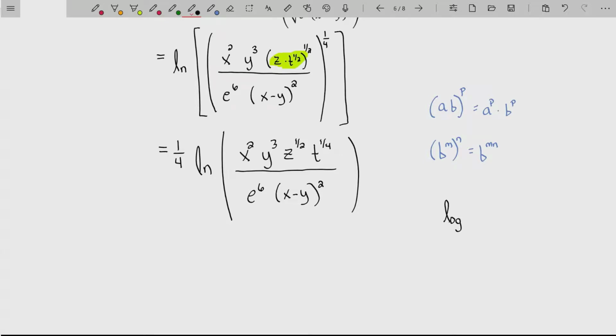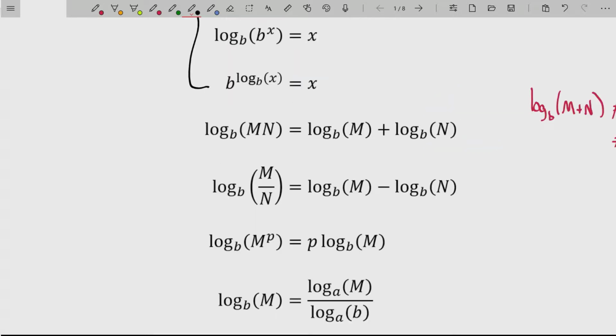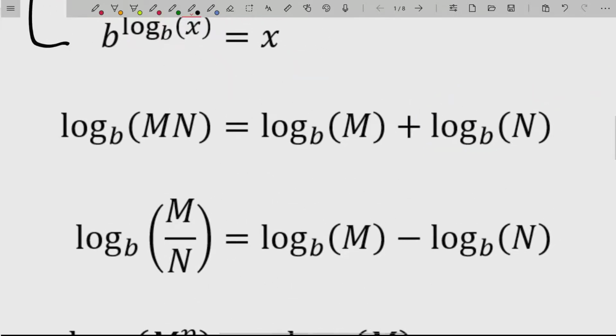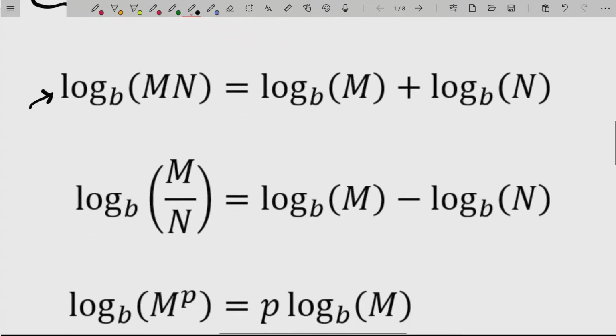Remember, we have this property. In fact, I'll go over to the page. Remember, we had this property right here, the log base b of m times n, and it splits apart into a summation. And this one right here, m over n, splits apart into a subtraction. Another way you could have seen that is the fact that that n is in the denominator. And if that n is in the denominator, you're actually looking at the log base b of m times n to the -1st power.